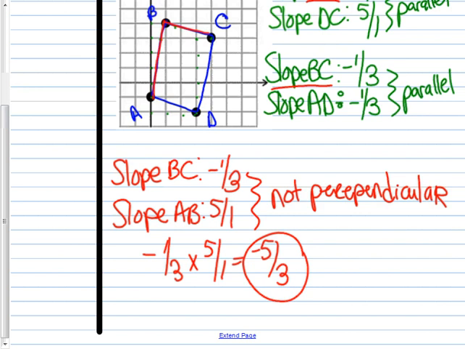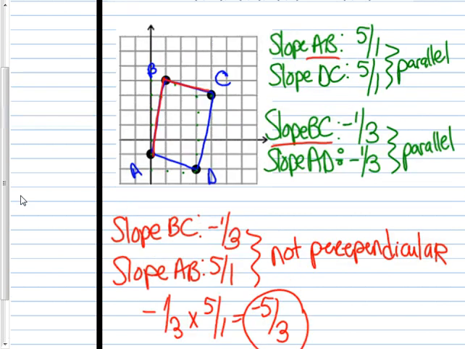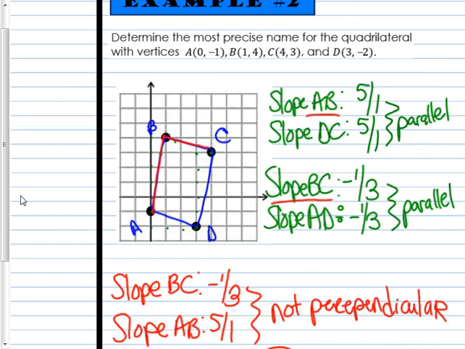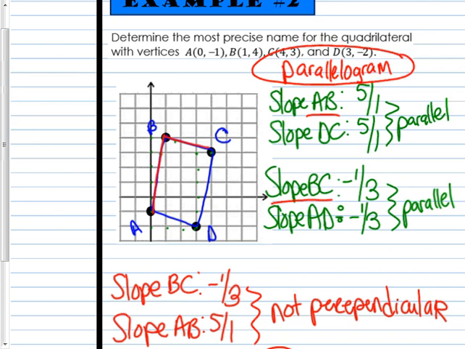So the best name for this is simply parallelogram. We cannot give it anything more specific than parallelogram because it doesn't have right angles or equal sides. So parallelogram.